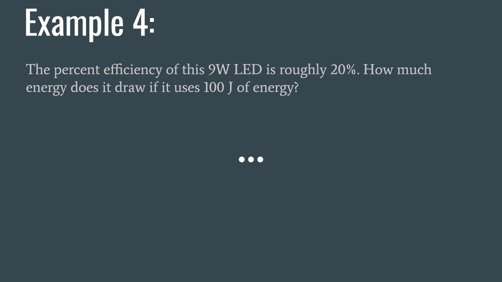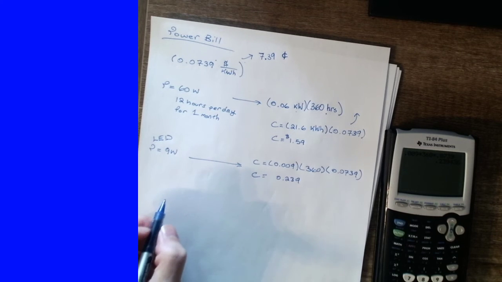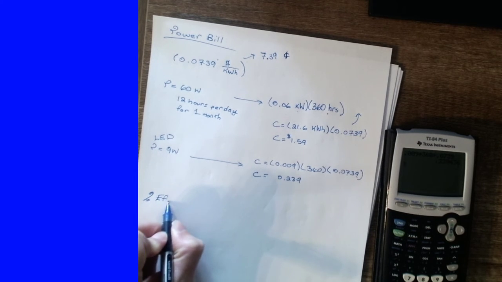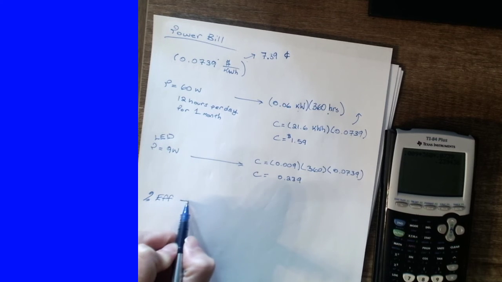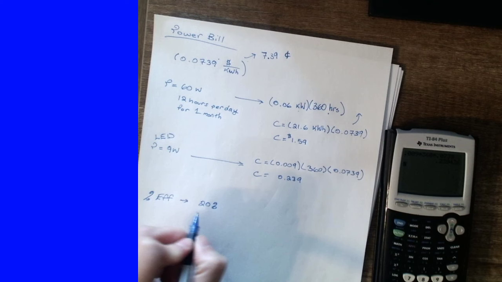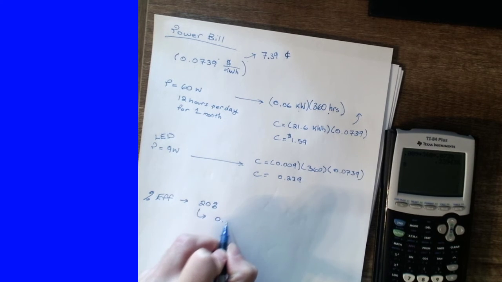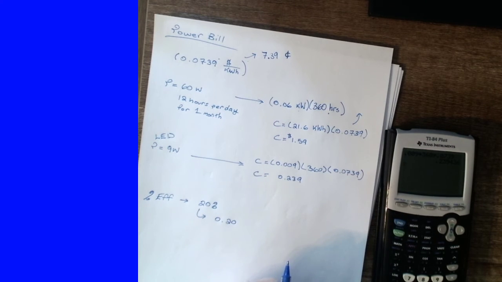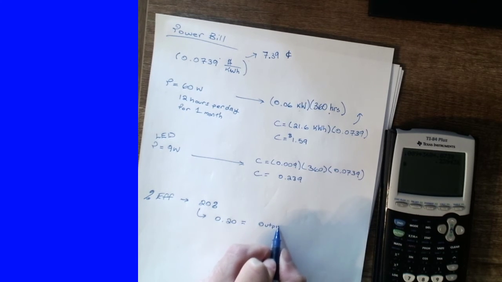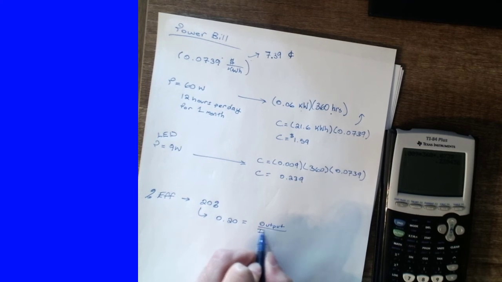So the percent efficiency is roughly 20%. As a decimal number, that is 0.20. And we can set it equal to output divided by input.